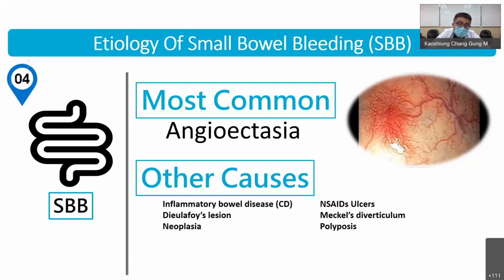Even though small bowel adenocarcinoma is low risk, you always need to keep in mind that patients may have small bowel cancers, especially if patients have other symptoms like bowel obstruction, okay? Followed by NSAID users or polyposis syndromes.